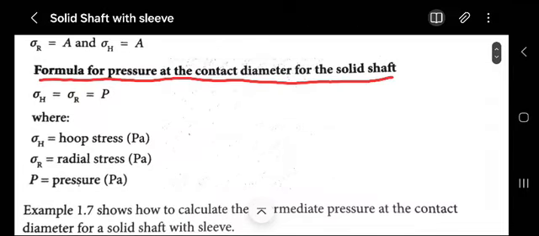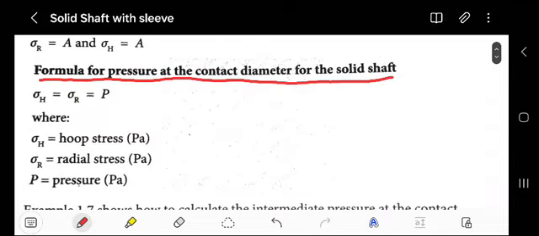So as you can see, the pressure at the contact diameter, the contact diameter is also the inside diameter. If you are given a sleeve and a solid shaft, you must know that the hoop stress is equal to the radial stress, whereby we know that radial stress is the same as pressure. Take note of that.